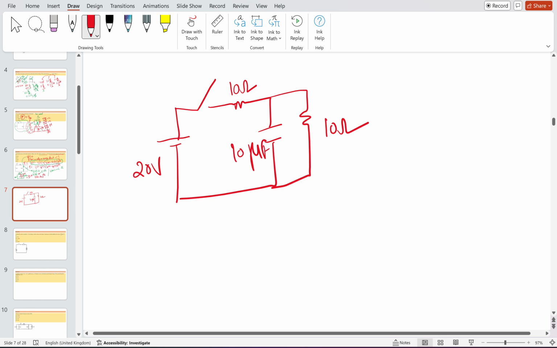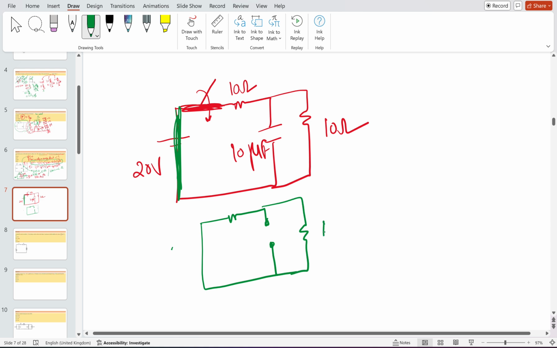How to find the value of the time constant? Consider the circuit at t equal to 0 plus, which means that it is closed here. Now the second point is that you have to short circuit the voltage source and then remove the capacitor. Remove the capacitor, and the circuit will look something like this.